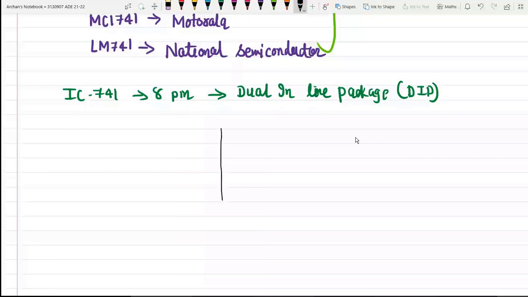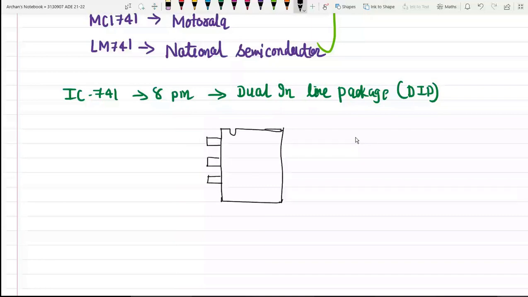Here, you will find one notch like this at either side of the IC. Now here there are legs. This is an 8-pin IC, so you will find 4 legs on each side of the IC. Leg number 1, 2, 3, 4.